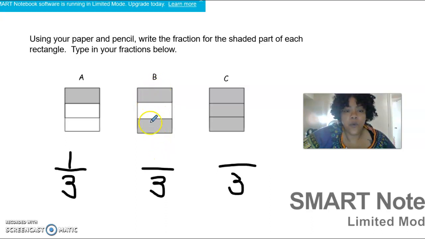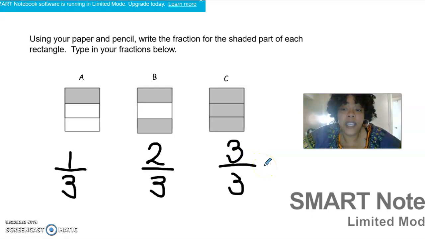This time I have 2 parts shaded in. So my top number is 2. And I could read that as 2/3 of the whole is shaded in. Then finally, on rectangle C, I see I have 1, 2, 3 parts all shaded in. So for my top number, I will put 3.